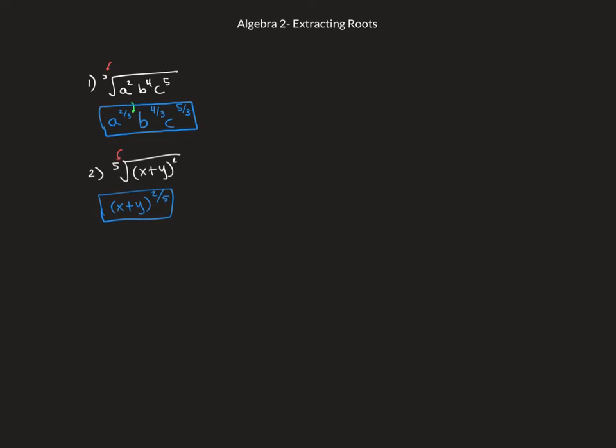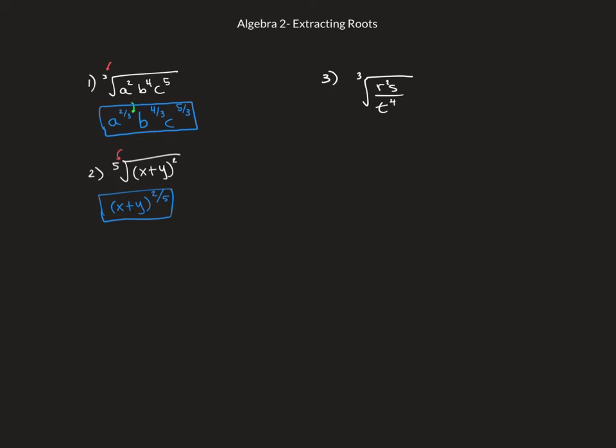Now we'll look at 2 more practice problems. This is number 3. This is a little bit more tricky. So we'll have the cube root of r squared s over t to the power of 4.